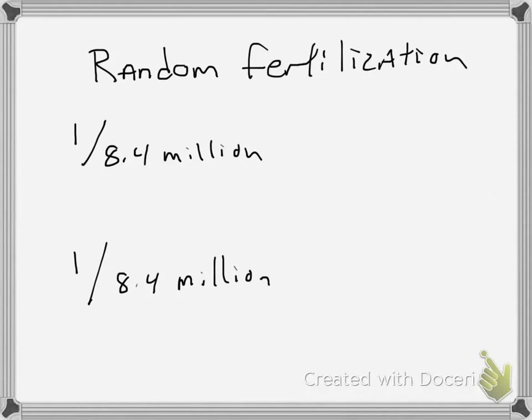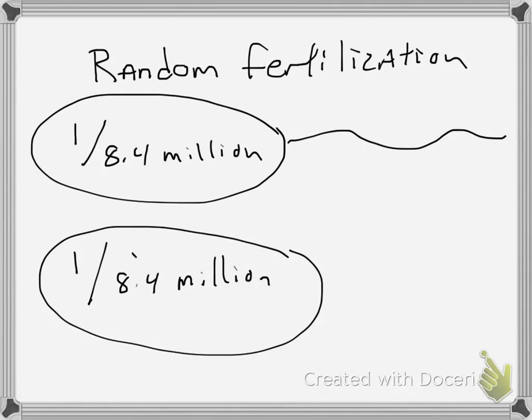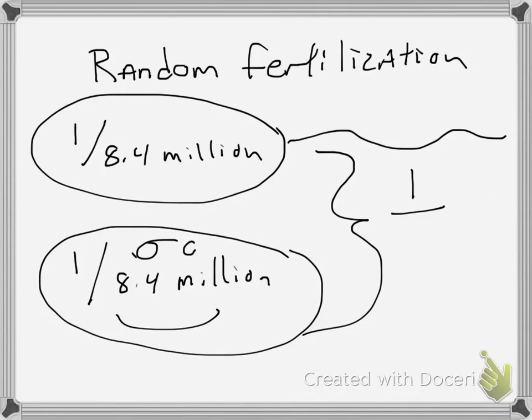So this one up here is my sperm, and down here I have my happy little egg. When you randomly pick the sperm, you randomly pick the egg, and when you bring these two things together into a zygote, you have one of 70 trillion possibilities.